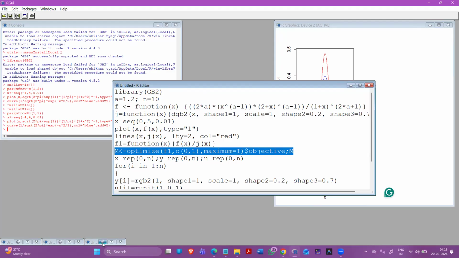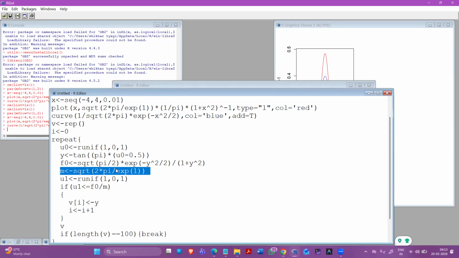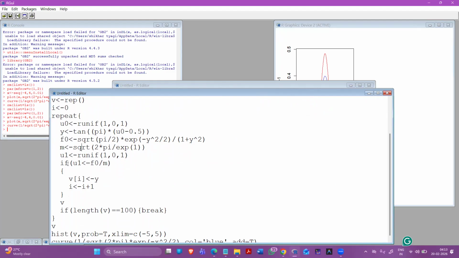Here I am defining my M, that is square root of 2 pi divided by e raised to the power 1. After that, I am going to check this condition: if u is less than or equal to f naught divided by M or not.